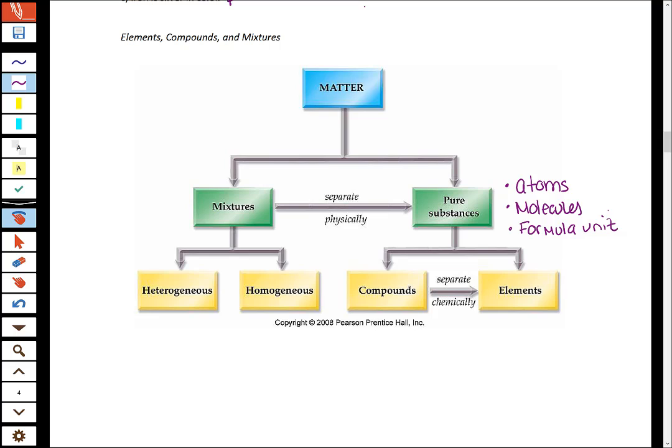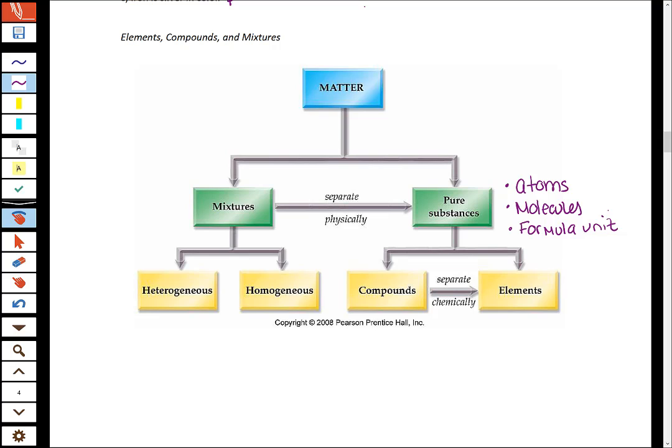All of those would be pure substances. So molecules are covalent compounds. Formula units are like the ionic version of a molecule. So we're talking about atoms, molecules, and ionic compounds.